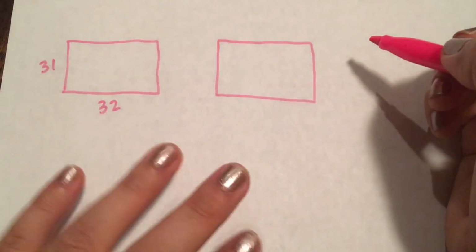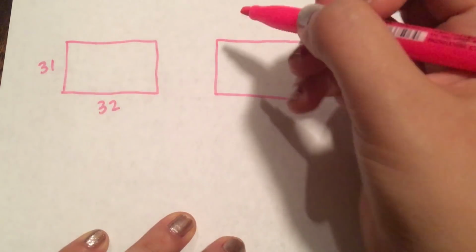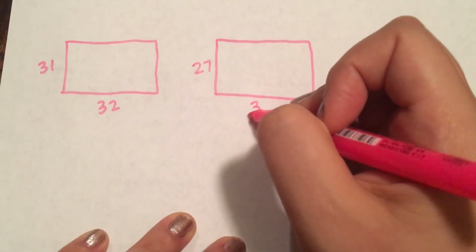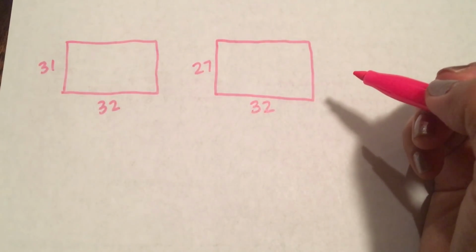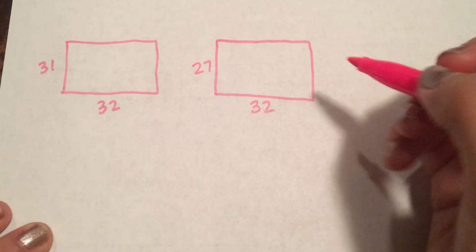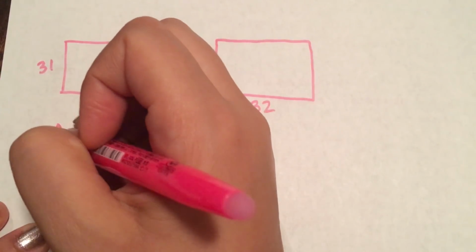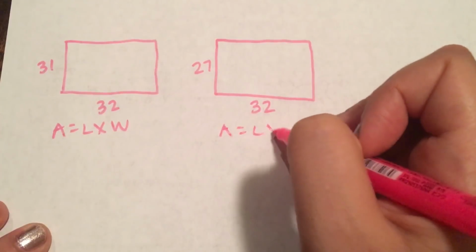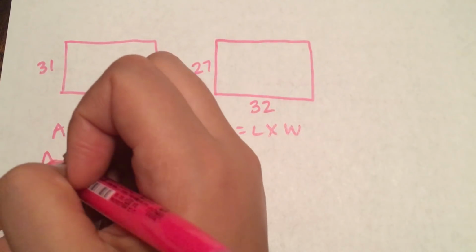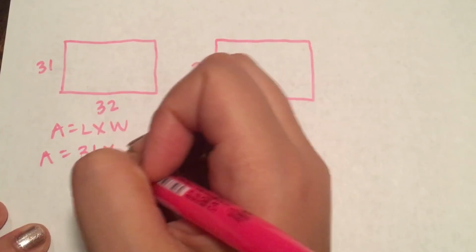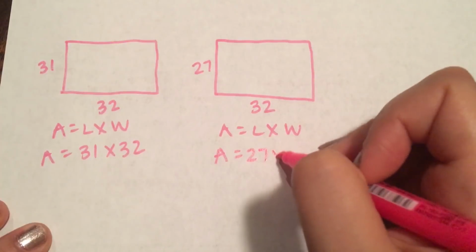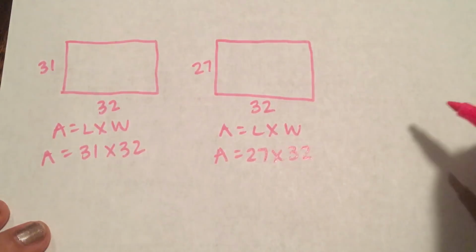And the second window is going to be 27 by 32. We have to find area. Area equals length times width. So here I have to multiply 31 times 32, and here I have to multiply 27 times 32.